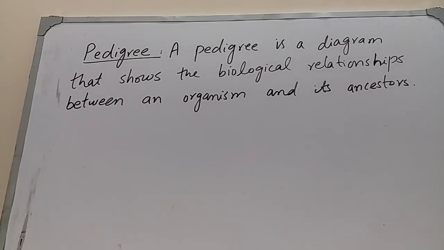Pedigree. A pedigree is a diagram that shows the biological relationships between an organism and its ancestors, or between an individual and its ancestors. So it's a definition of pedigree. What is a pedigree?